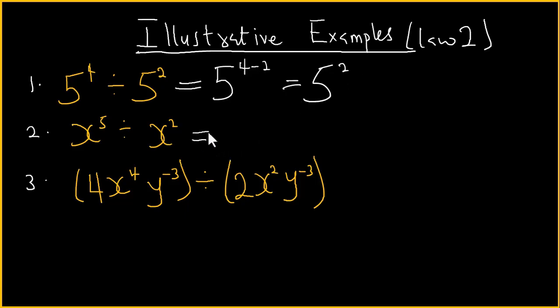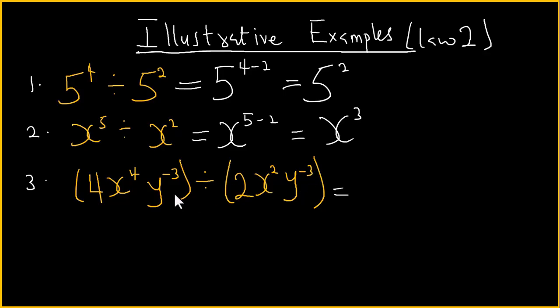We have x as a base, and to the power 5 minus 2, which gives us x to the power 3. Now on the last one, we have 4 x to the power 4 y to the power negative 3, all dividing x to the power 2 y to the power negative 3.